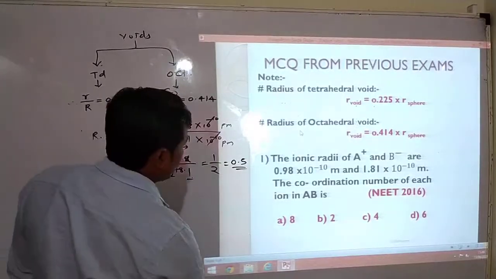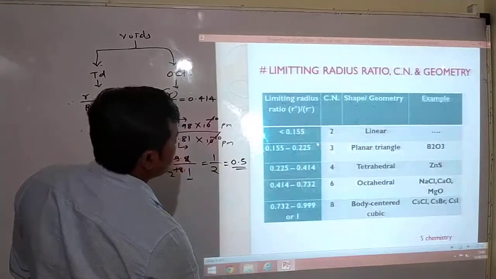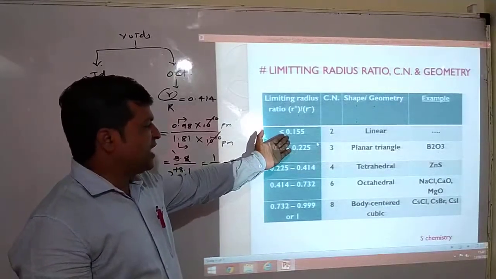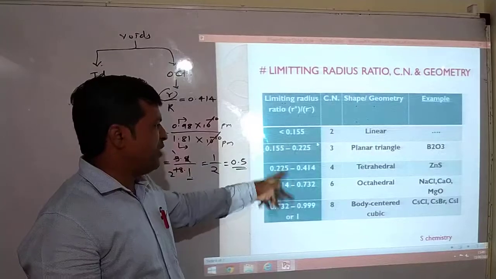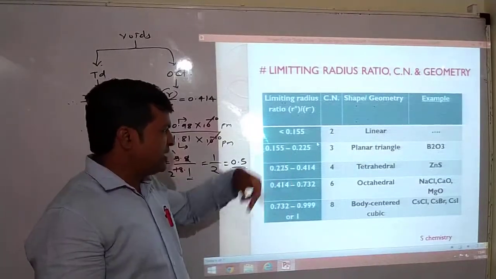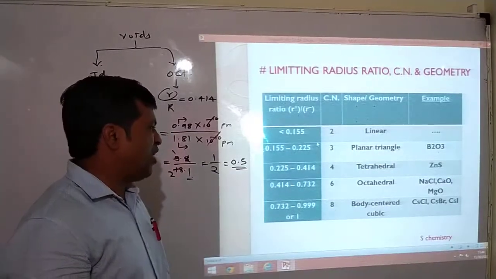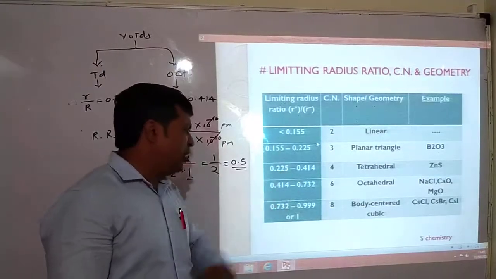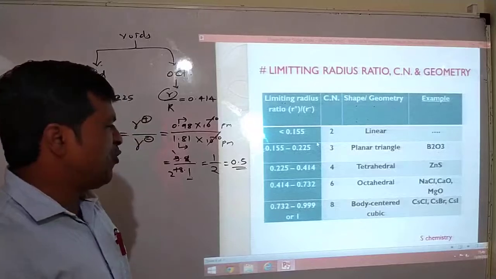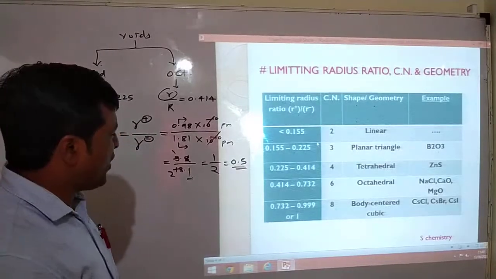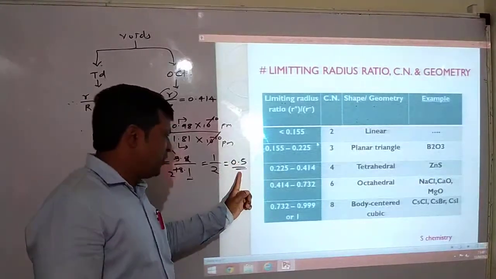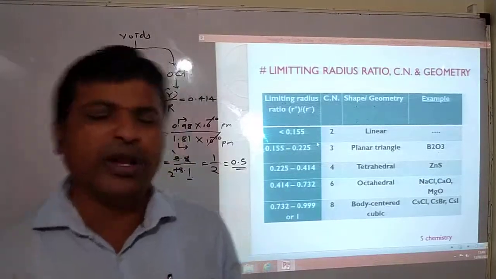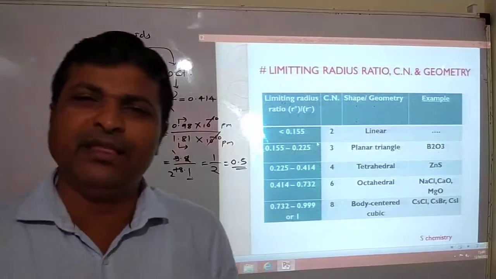If you observe the table, for linear it is less than 0.155, for planar triangular it lies between 0.155 and 0.225, for tetrahedral it lies between 0.225 and 0.414, and for octahedral between 0.414 and 0.732. This 0.5 value lies in that range.